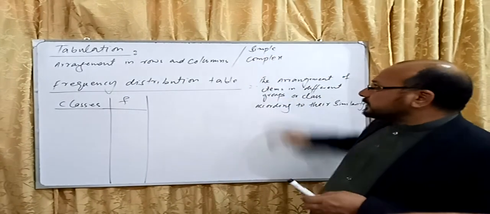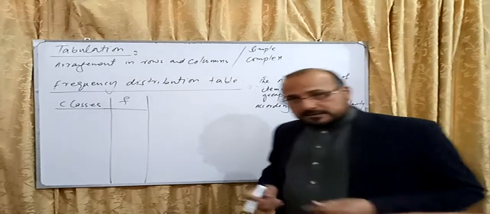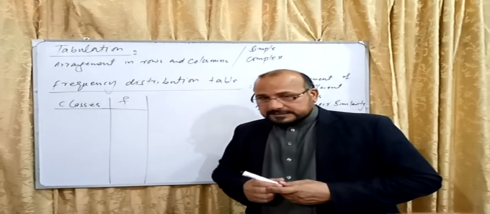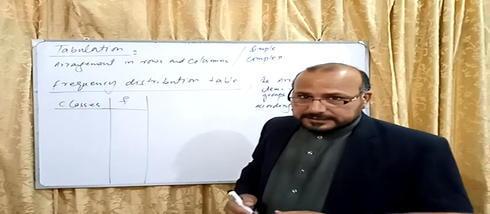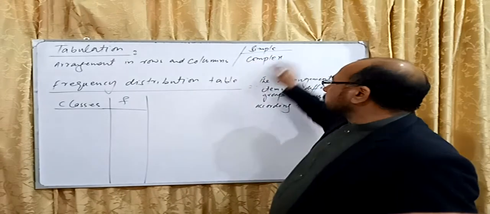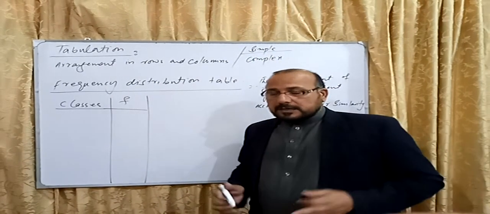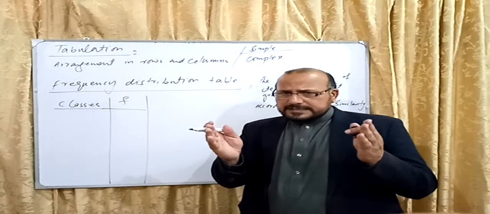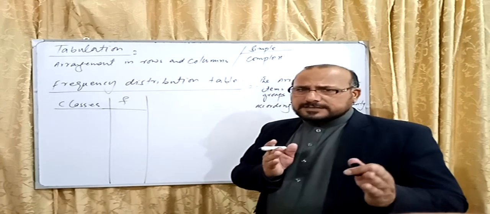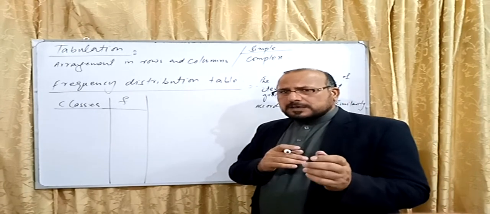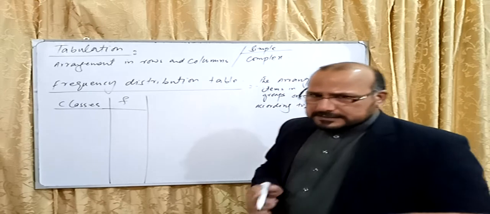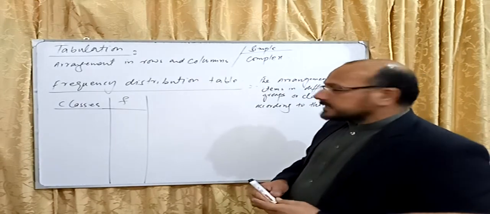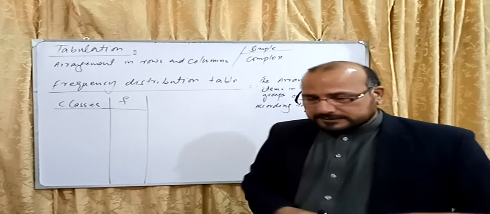Then we have different types of tabulation, as we discussed the different types of classification. Tabulation may be simple tabulation: if we arrange the data in tabulated form with respect to a single characteristic, that is a simple tabulation.